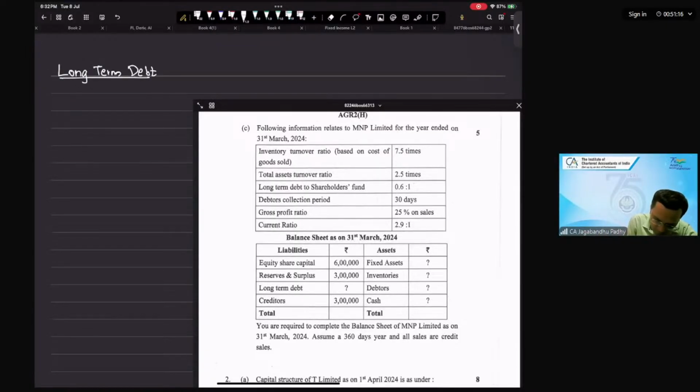Long-term debt to shareholders funds is given as 0.6 to 1.